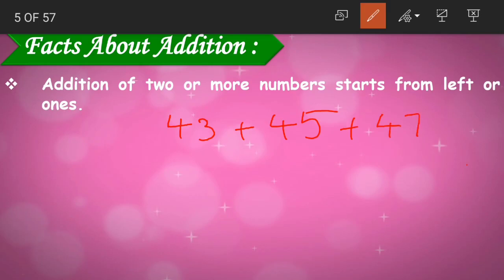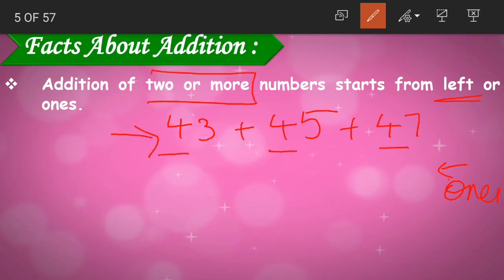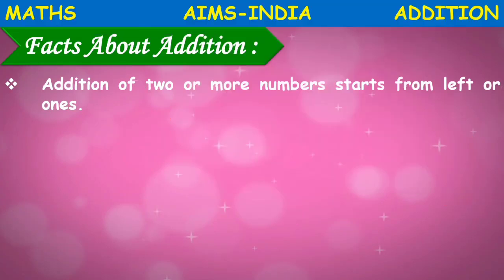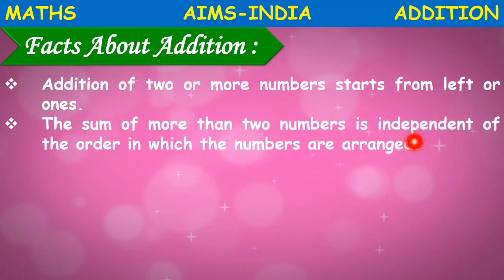What they are saying here is normally we start adding from the right, that is the ones side, but we can start adding from the left as well when we have two or more numbers. Addition can be done either from the left or from the ones. Children, however you are convenient, you can start adding the numbers.